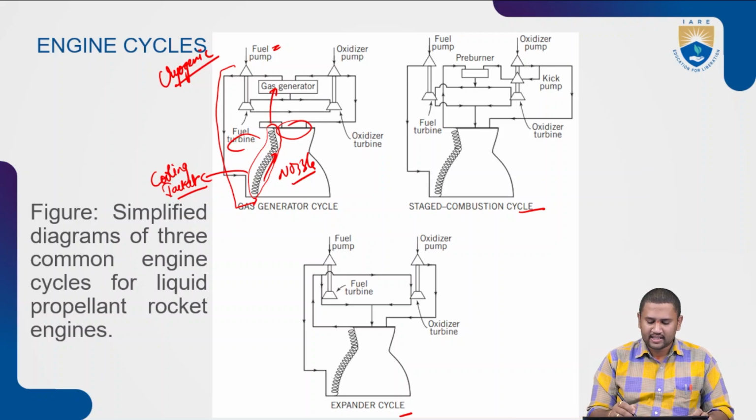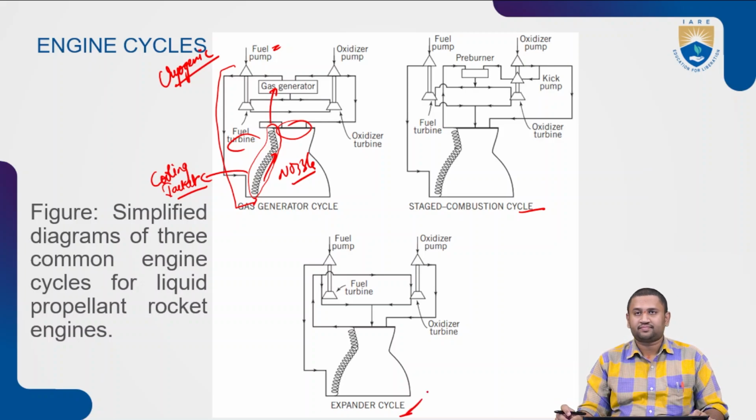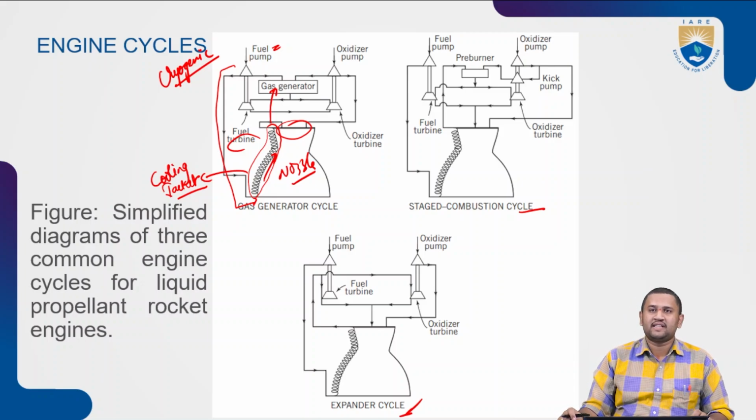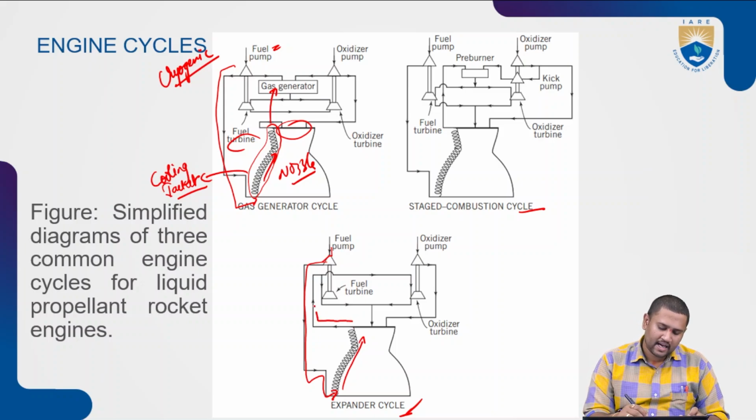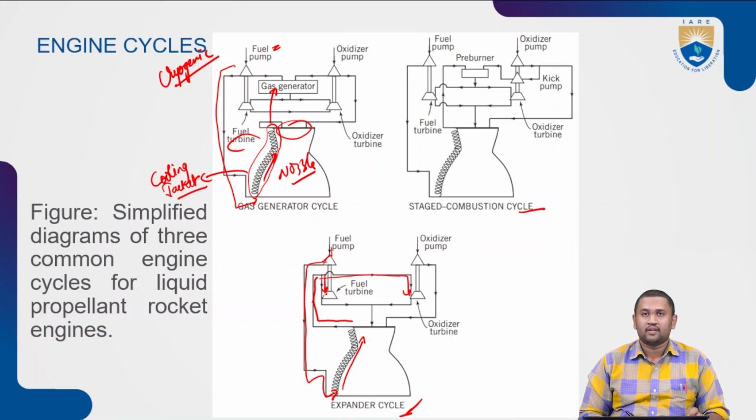Now coming to the expander cycle. What happens in the expander cycle? Basically, from the fuel pump, the fuel is directly pushed onto the nozzle. In the nozzle, as it goes on, it cools, and the expanded fuel is sent back to the turbines.